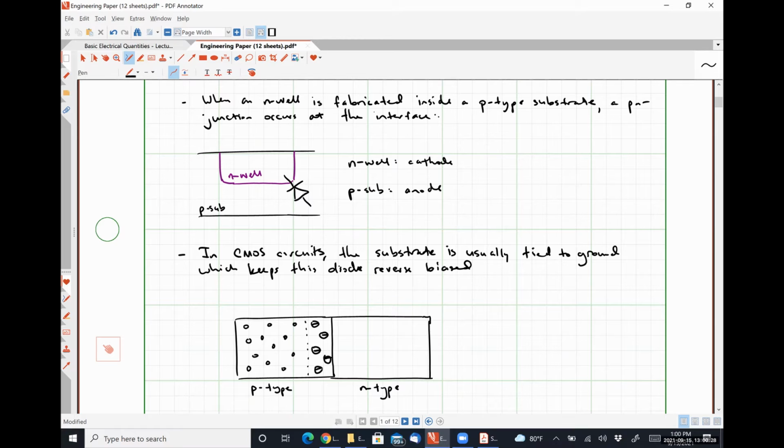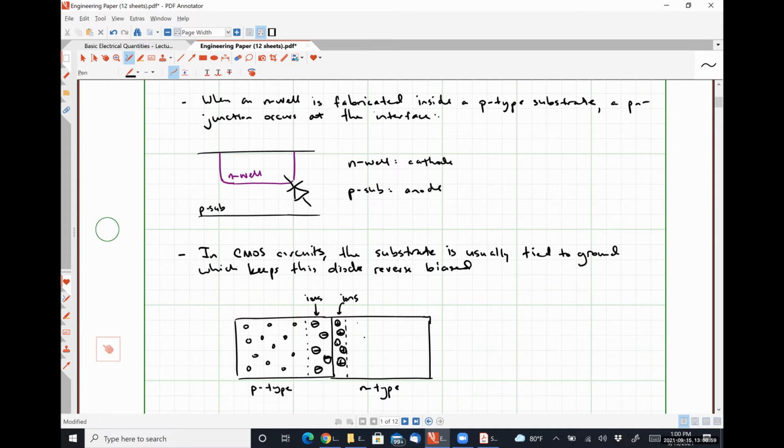So at that metallurgical junction, we have a bunch of ions, negatively charged ions on the P side because all of their holes have gone away, or actually they've recombined would be a better way to put it. And on the right side of the junction, we have a bunch of positively charged ions.